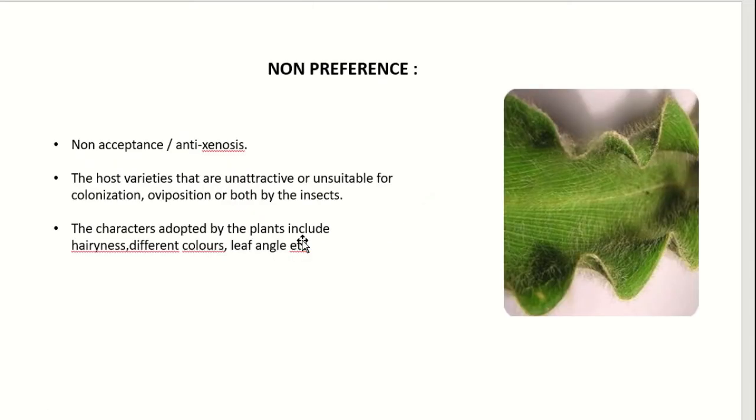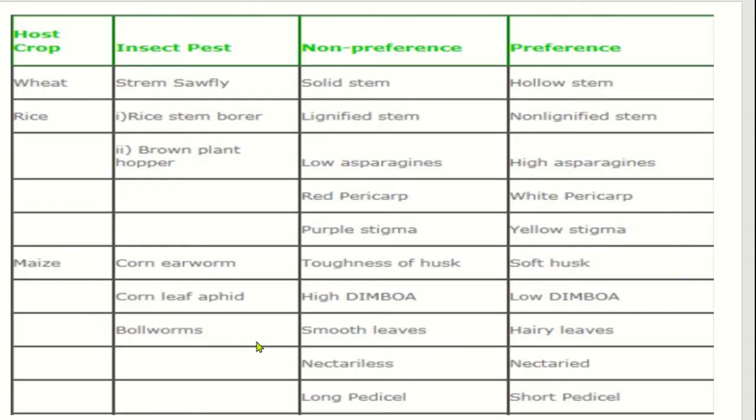When it comes to non-preference, as we have already said, it is also known as antixenosis. The host varieties are unattractive or unsuitable for colonization, oviposition, or both for insects. The characters adopted by plants include hairiness, sometimes differences in color, leaf angle, etc. Hairiness of leaves makes it difficult for insects to oviposit, feed, etc.